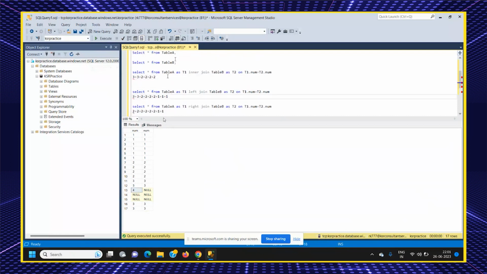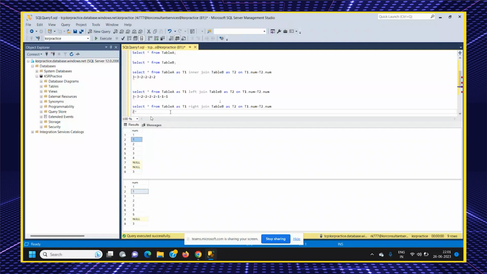In case of right join, how does it look? We have 9 records in the table towards the right, table 2. For every one, we have two matching records, so plus 2. Again for the next one, plus 2. For the third one, plus 2. This 2 has two matching records, plus 2. This 2 also has two matching records, plus 2.